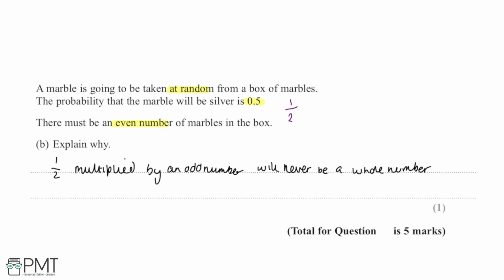And also, it's a good idea to add here, you cannot have half a marble. So you need a whole number of marbles in the box. You can't have half a marble, so you can't choose half of an odd set of numbers, as this will not give you a whole number, so this is not possible.